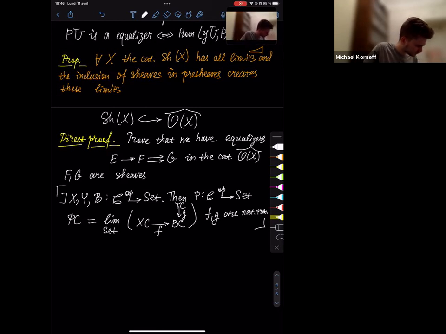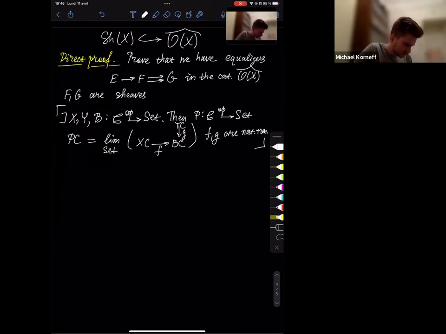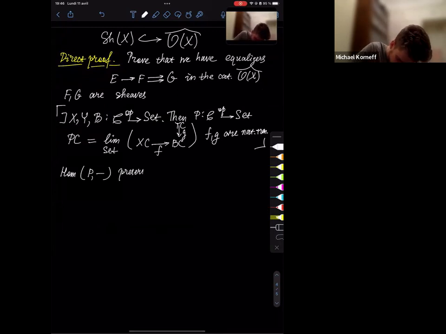Okay, and it is known that a hom functor preserves limits. And hence we can form the following diagram.